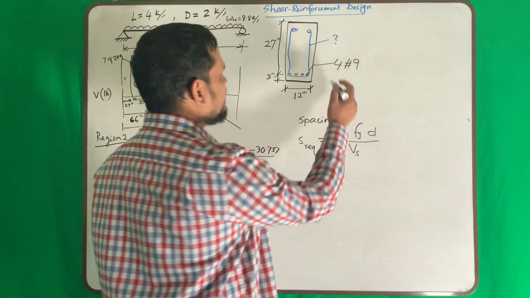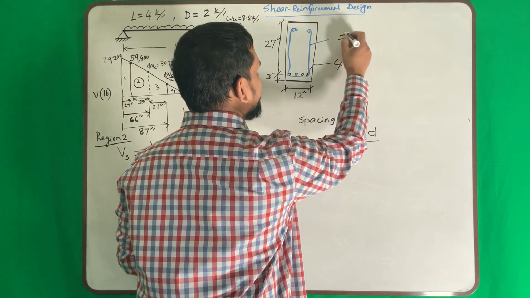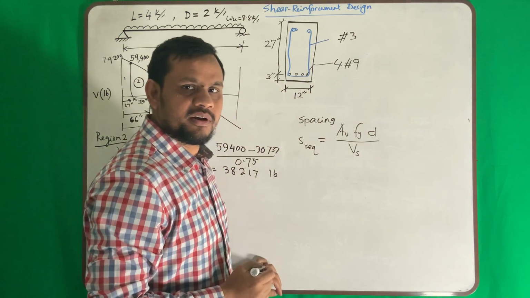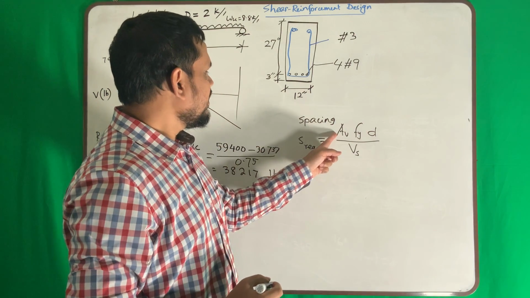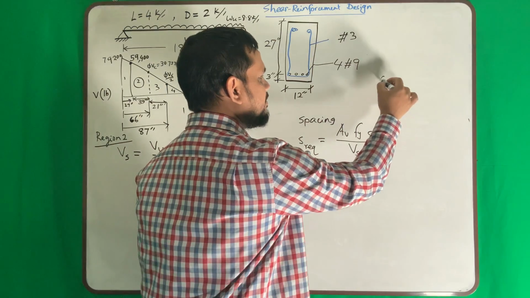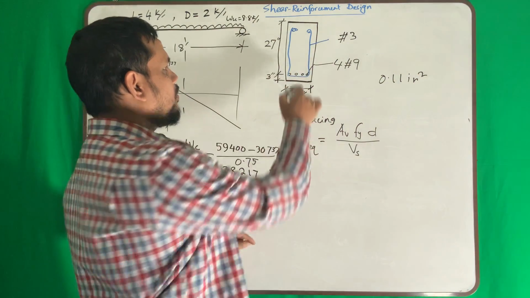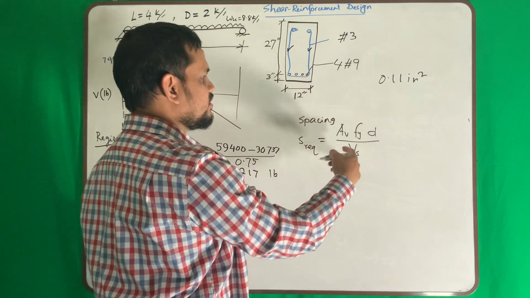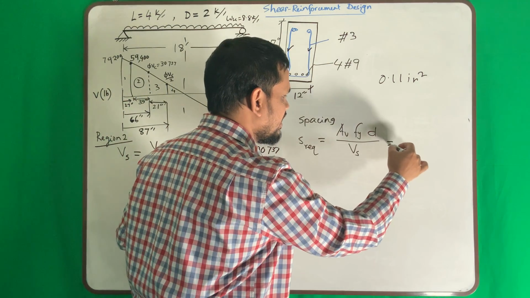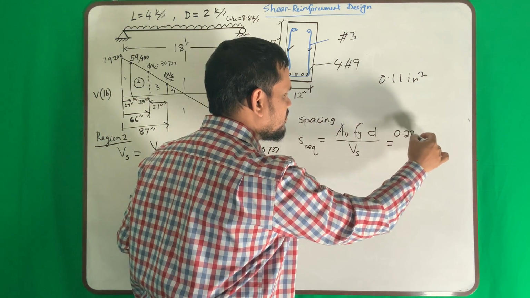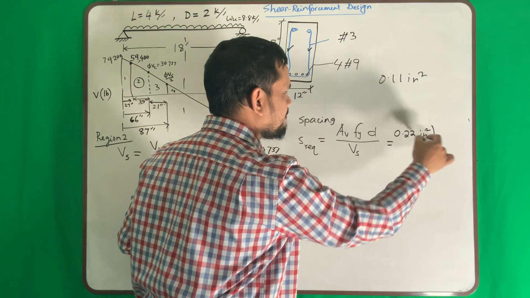So we can easily take, say, number 3 bar. Number 3 bar. What is the area? Area of number 3 is 0.11 inch square. Now, 1 bar here, 2 bar here. So 2 times. So my area will be 0.22 inch square.